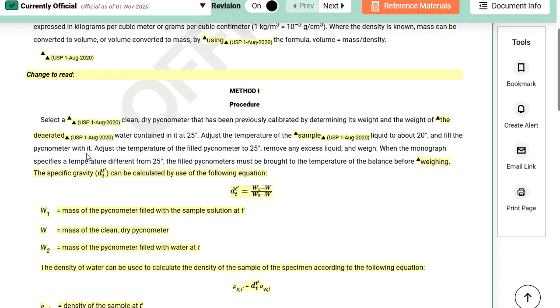It says the specific gravity, and they even use a lowercase d, not a g, is going to be equal to the masses of your sample and the pycnometer subtracted, divided by the masses of the water and the pycnometer. And you're going to divide those two things, right? So that's how they calculate specific gravity. That's really the method that they want you to follow through.